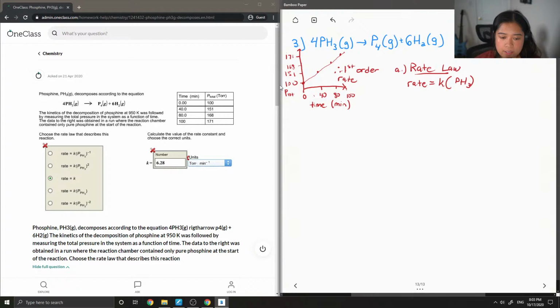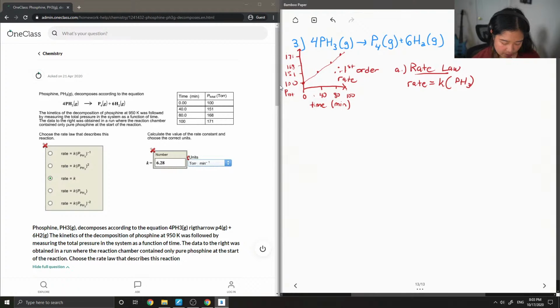Okay, so we can see that the more phosphine we have, the higher pressure that we have goes up as time increases as well. So it goes up in a straight line.